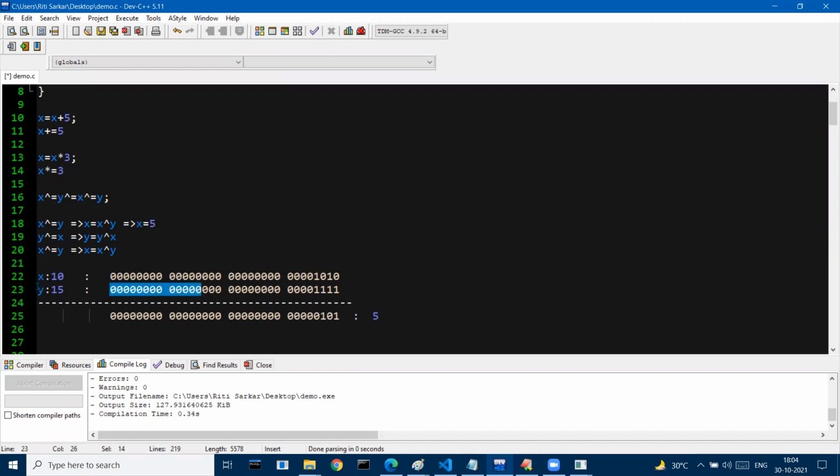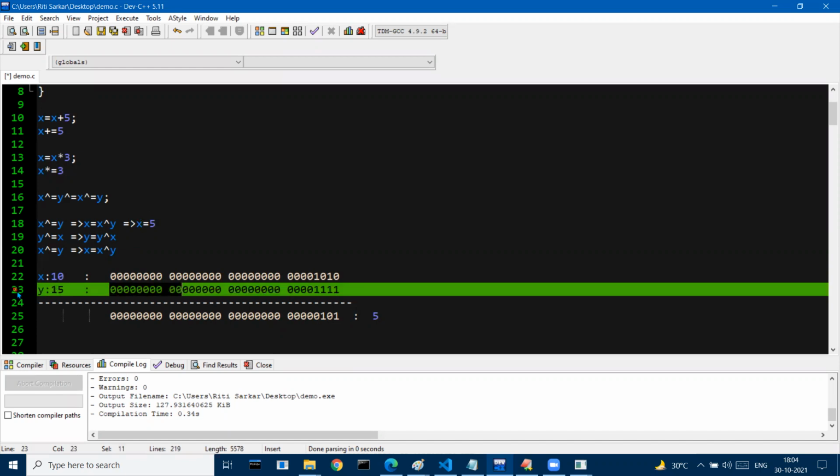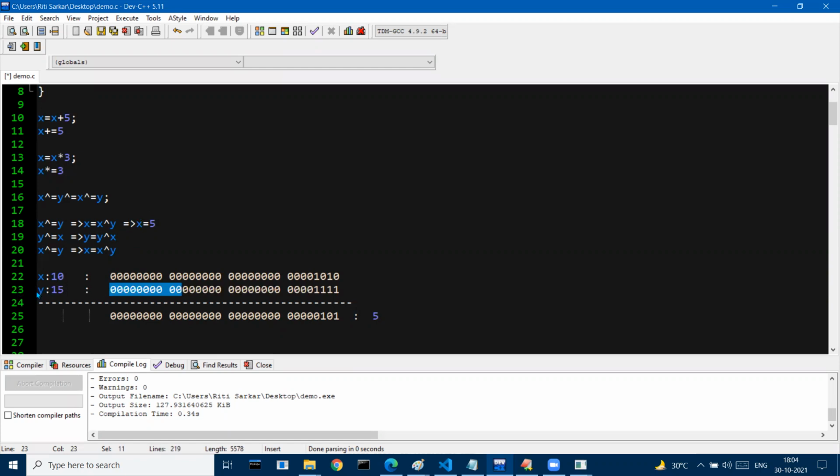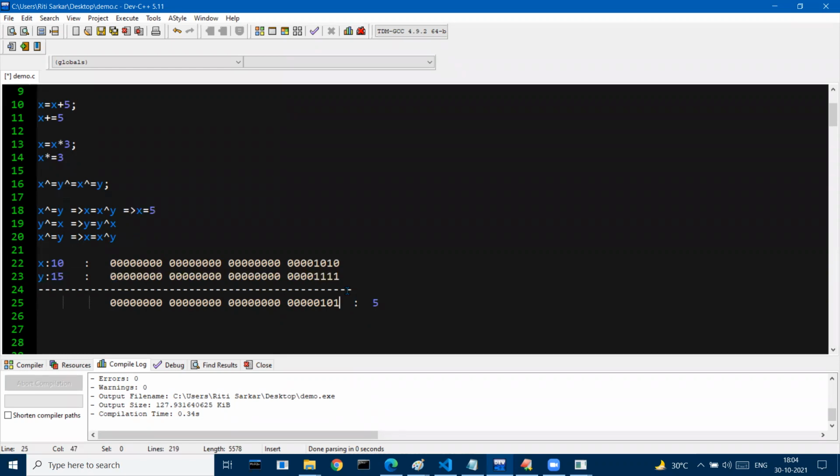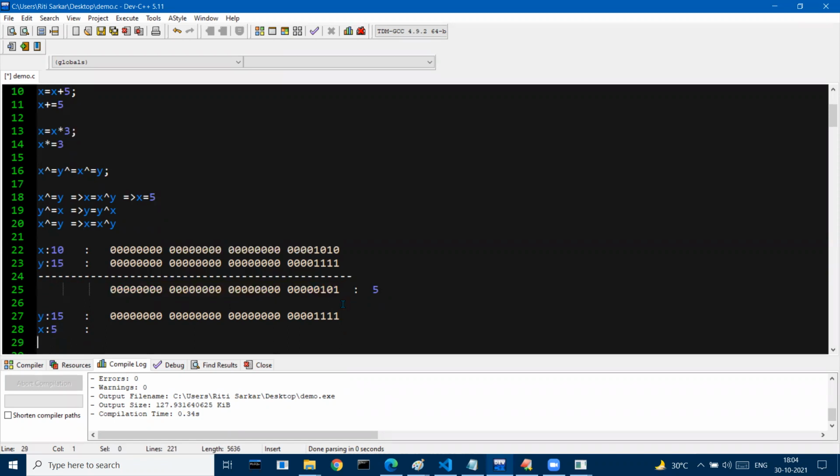Next is y XOR x. This is my y. Currently x is 5. That means this. Go for it.